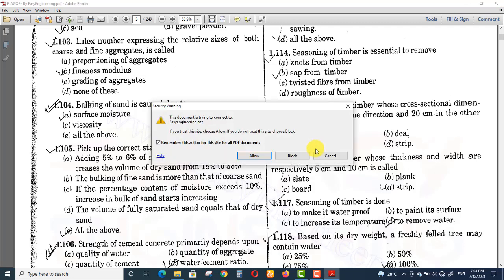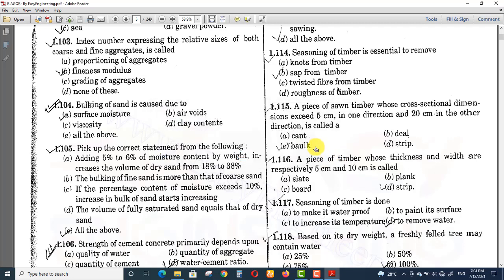We can't give a scientific reason for this. So whenever the cross-sectional dimensions of a wood are 5 cm in one direction and 20 cm in the other direction, that will be called balk, B-A-U-L-K, balk.